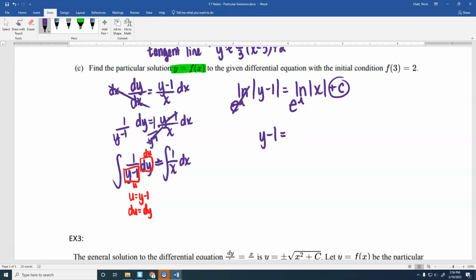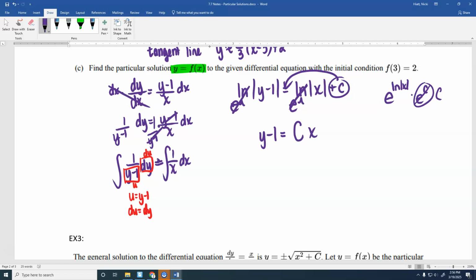It's going to be e natural log of the absolute value of x times e to the c, which, as you said, we can just call that capital C. So I would go ahead and write it like this, cx, because here the e and the natural log cancel, the c comes out as the coefficient.